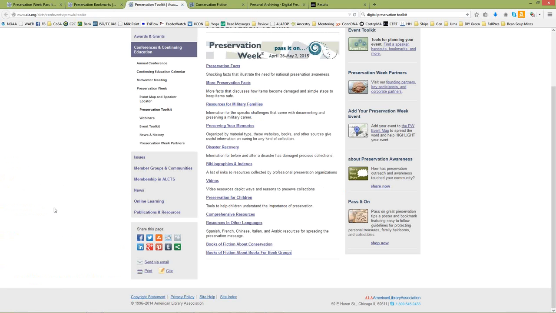So you can always check those two out for some good Preservation Week ideas, and that's another good one. If your library has a book club and the library kind of manages what the book club is reading, you could always read a book about some sort of preservation topic for Preservation Week. Yay!